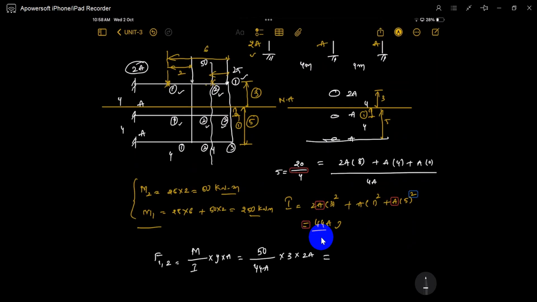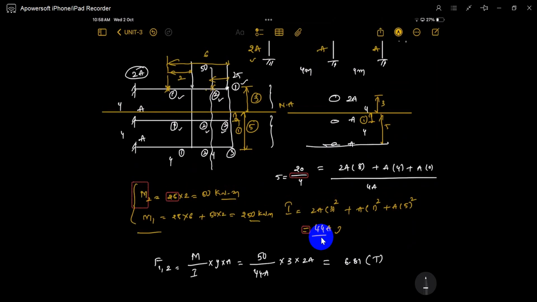What is that value? 6.81. Is it compression or tension? Above the nodal axis is tension, below the nodal axis is compression. So tension. You may call it positive or negative, your choice. I will write it as tension.